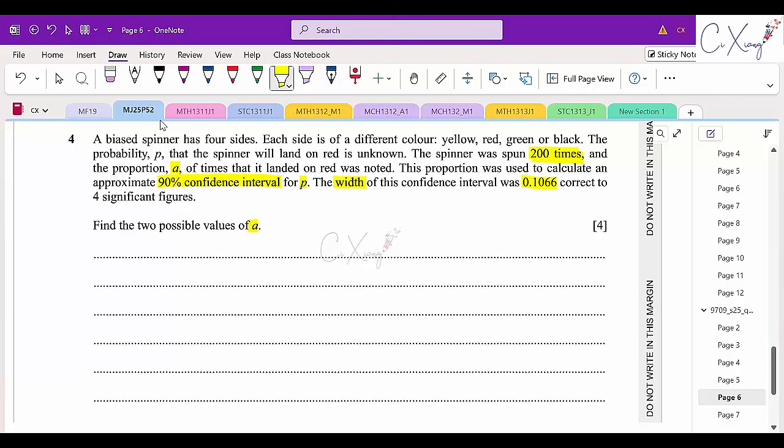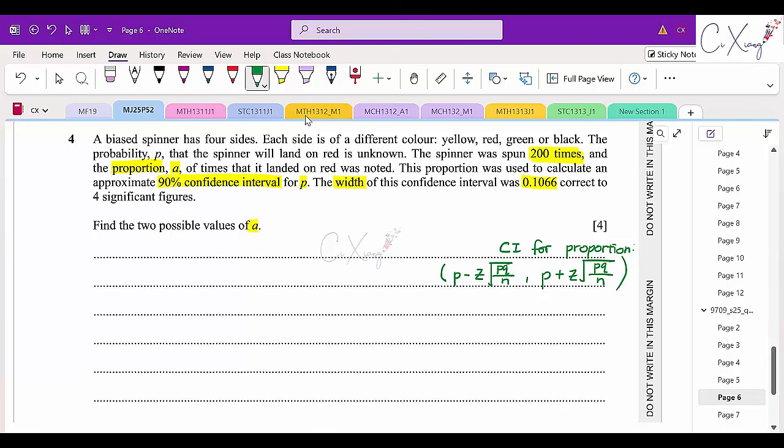Alright, so we are talking about the proportion. When you're having a 90% confidence interval for proportion, what is the general formula? If I'm having the confidence interval for proportion, the general formula is p minus z square root pq over n, then the upper limit will be p plus z square root pq over n.